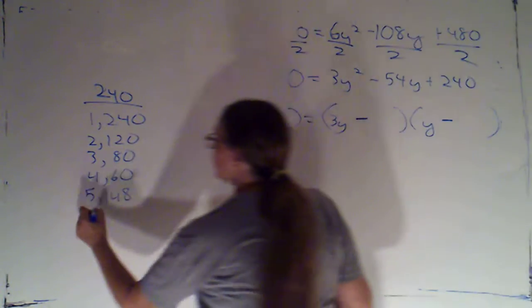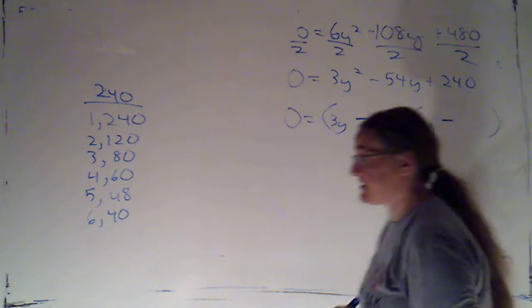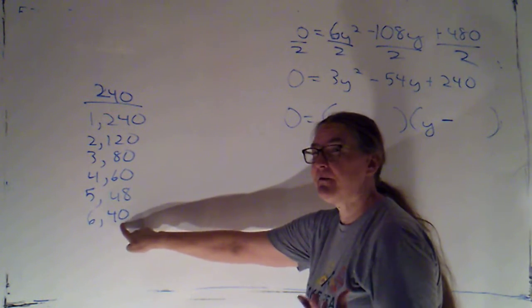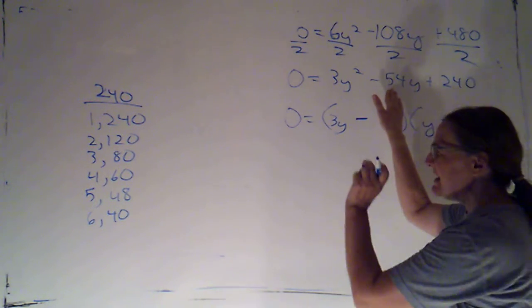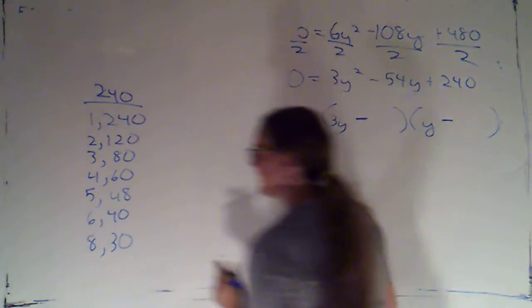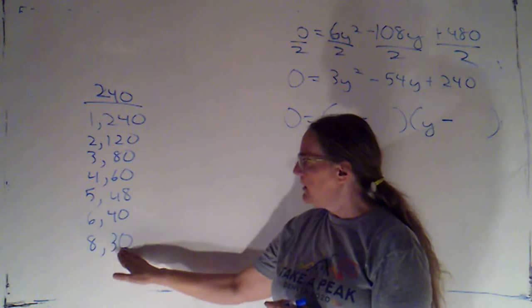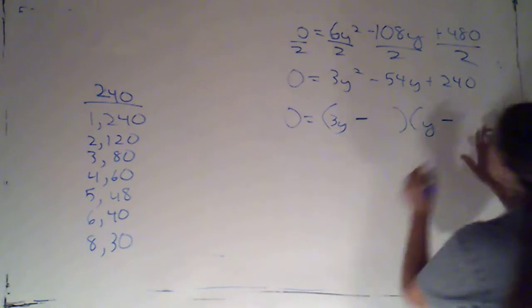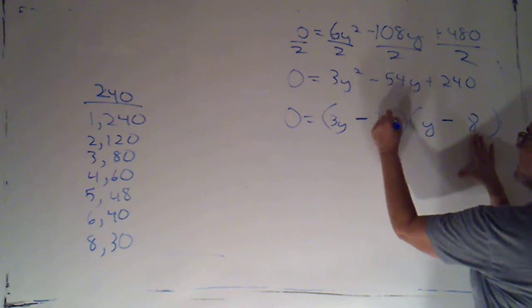Okay. 6 and 40. Notice we're getting close because 3 copies of 6 would be 18 plus 40 would be 58. We're trying to hit 54, so I'm getting close. 7 doesn't work. 8 and 30. Let's see, 3 copies of 8 would be 24 plus 30 is 54. It works. So I want to put the 8 here so that I'm multiplying it by 3 and the 30 here.